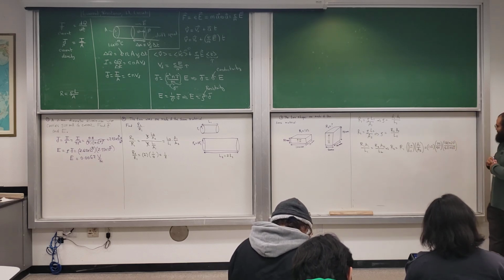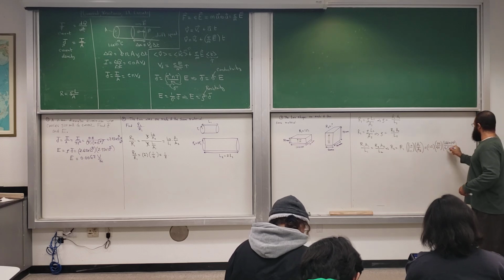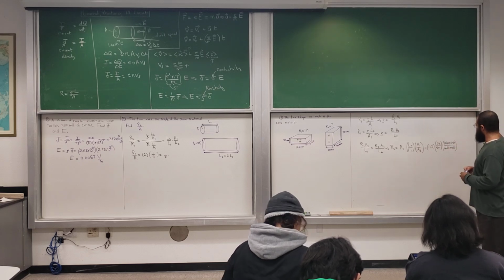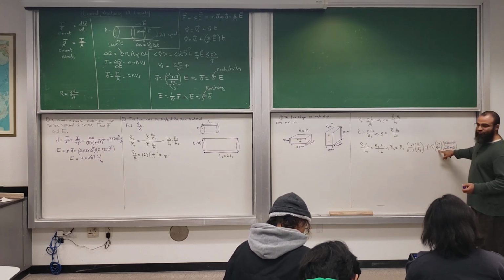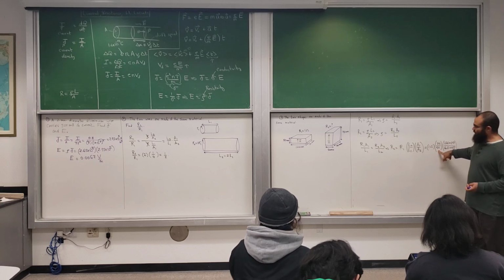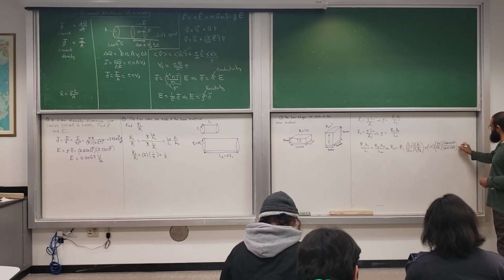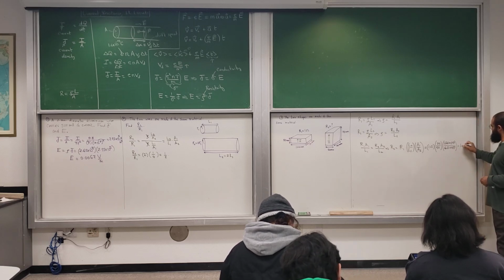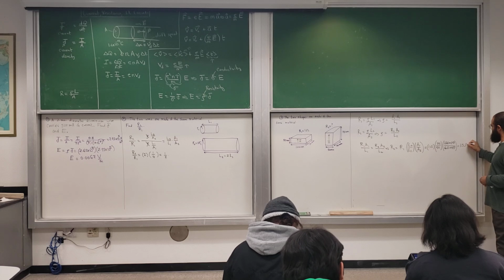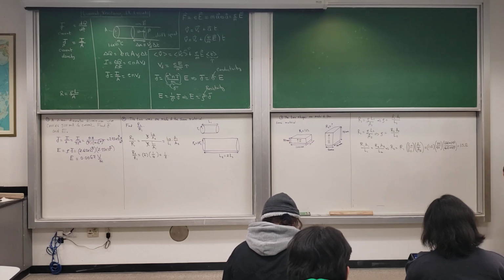So the areas cancel. And so you just have 75 over 50, which is 1.5. So you just got 1.5 ohms. So that's the resistance of that one.